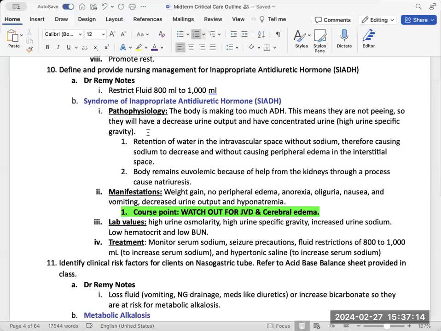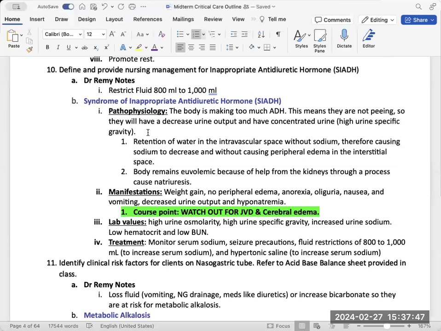With these patients, we want to monitor the serum sodium. We want to monitor for seizures because of the risk for cerebral edema, as well as hyponatremia can cause seizures. We also restrict fluid intake. She said the exact milliliters don't really matter, but restrict fluid intake to between 800 and 1,000 milliliters, because they're gaining weight from the water filling up the intravascular space.